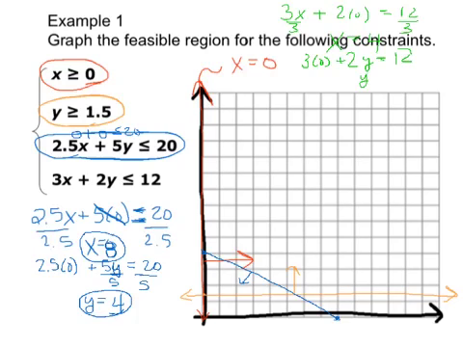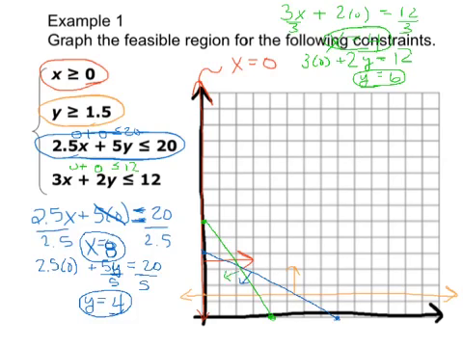Y equals 6. So graph it. X equals 1, 2, 3, 4. Y equals 1, 2, 3, 4, 5, 6. Draw a straight line. And put in our test point of 0, 0: 0 plus 0 less than or equal to 12, which is true. So we want to include 0 in our shading.